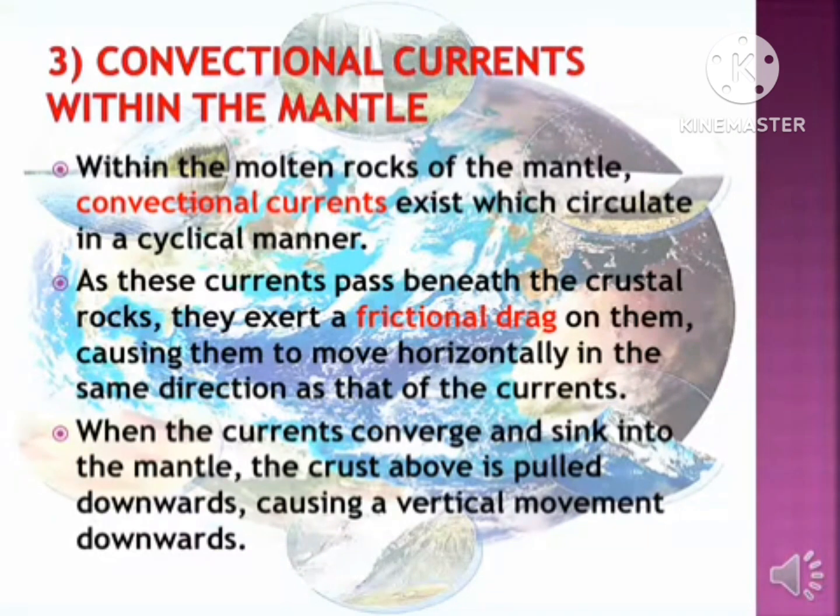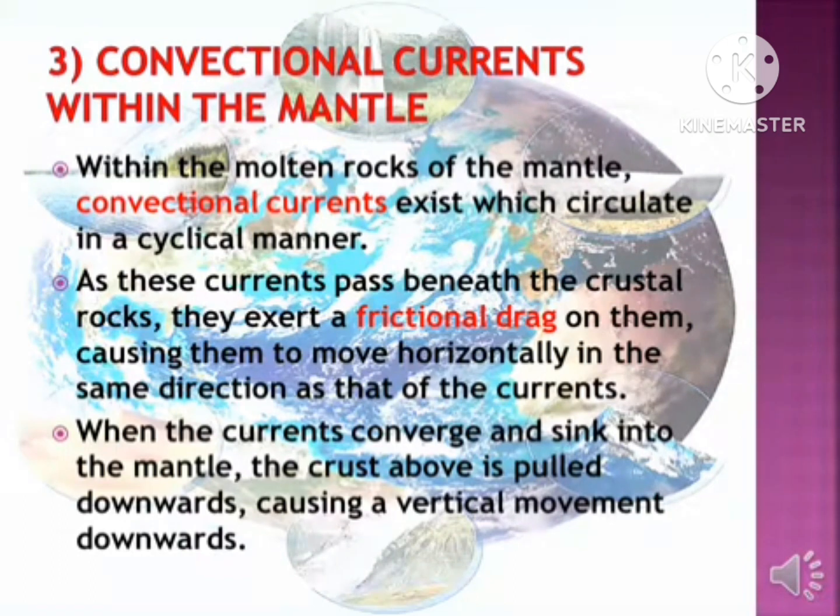The third cause of earth movements is the convectional currents within the mantle. In this case, within the molten rocks of the mantle, we have convectional currents which circulate in a cyclical manner.